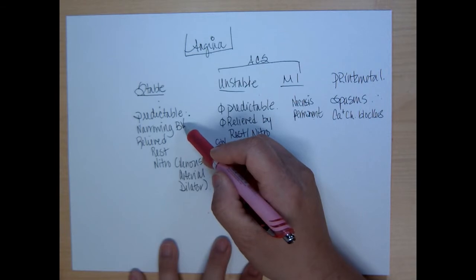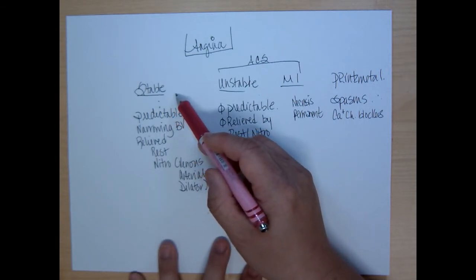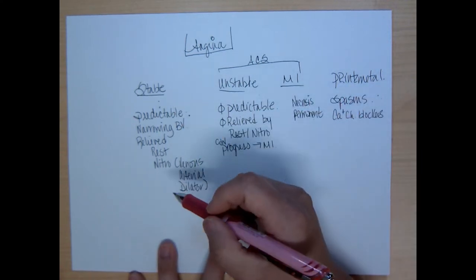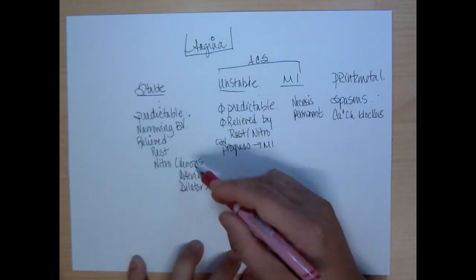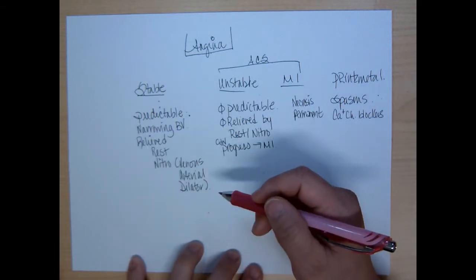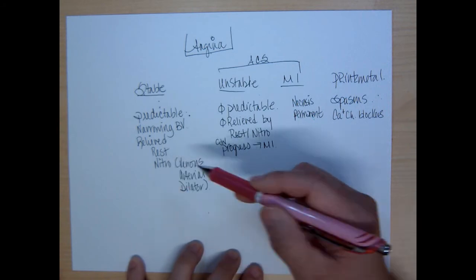You can think of this as usually a patient with a stable plaque. You have some blockage, some narrowing, but it's predictable. It's relieved by rest and by nitro, and usually it lasts seconds to a few minutes, under 5 to 10 minutes.